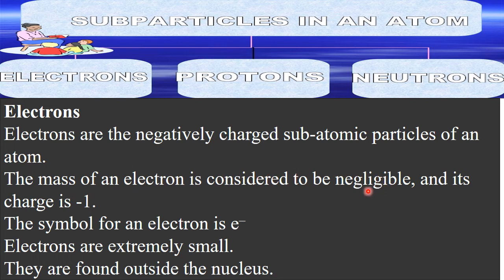We have learned in the previous slide, the mass is 1 by 2000 of protons, and its charge is -1 because it is negatively charged. The symbol of an electron is written as e to the power minus. Electrons are extremely small. They have negligible, very small mass. They are found outside the nucleus. They are not inside the nucleus.